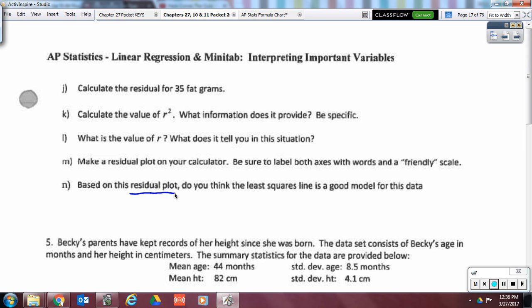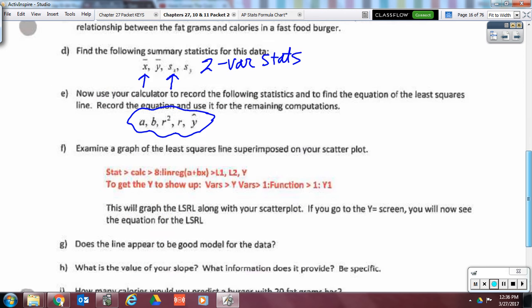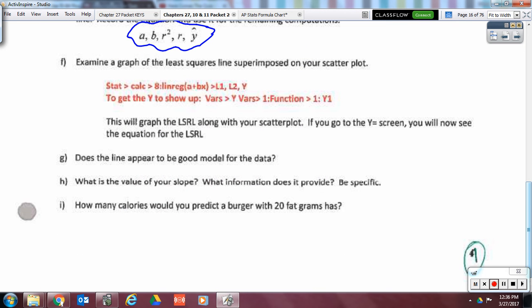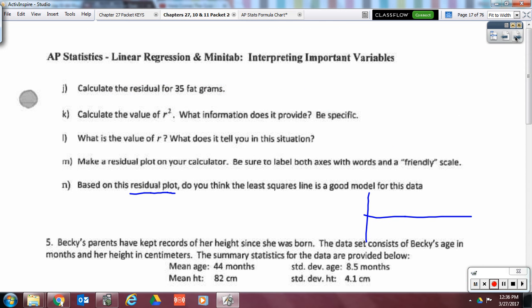So they ask you for the actual residual plot over here. Draw a sketch of it. That means in this section, they just ask you for a basic plot of the raw data. Not residual plot yet. All right, so I think that's all of that.